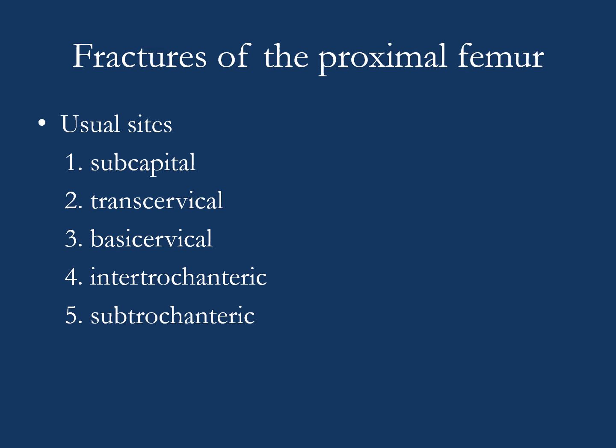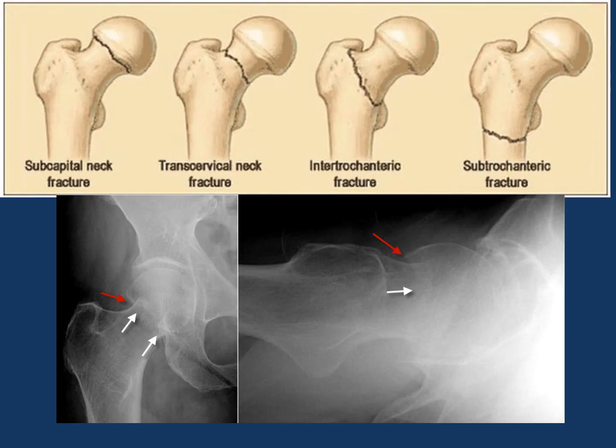Let's now go to the femur. The usual sites that can be fractured would be the subcapital, transcervical, basicervical, intertrochanteric, and subtrochanteric regions. I'm showing you here the example of a subcapital fracture.